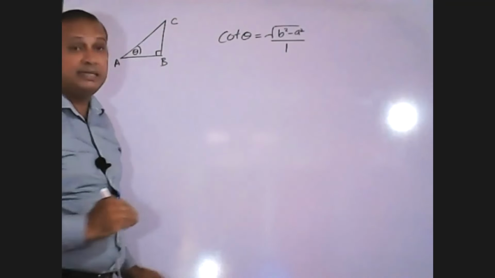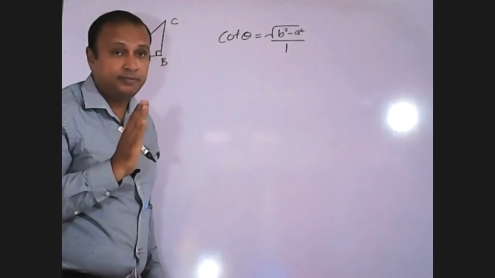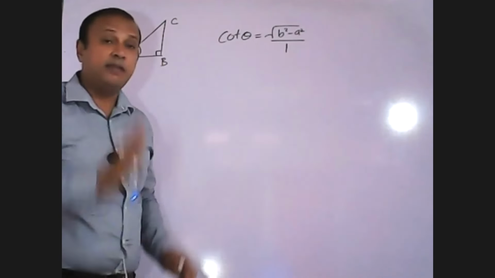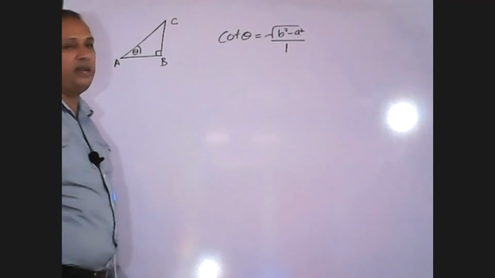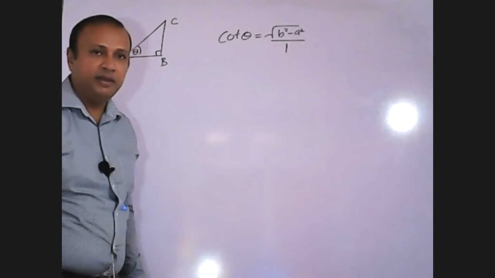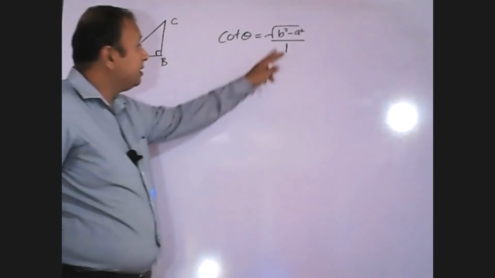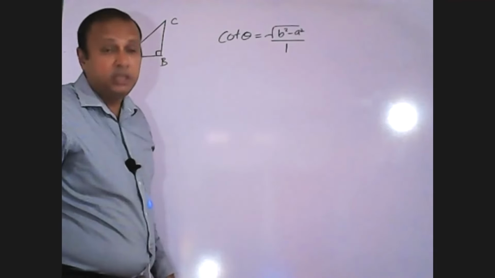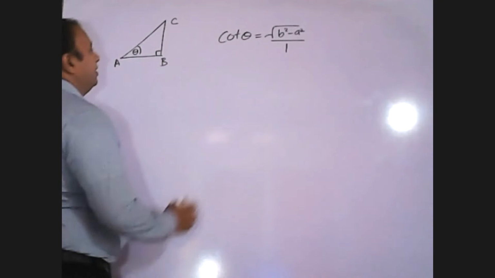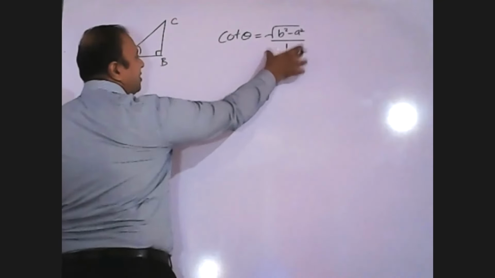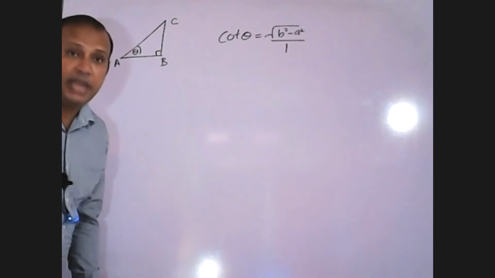So any whole number can be written as a fraction because the denominator is equal to 1. So I can represent this in our triangle.